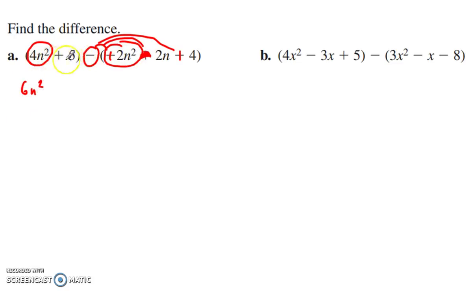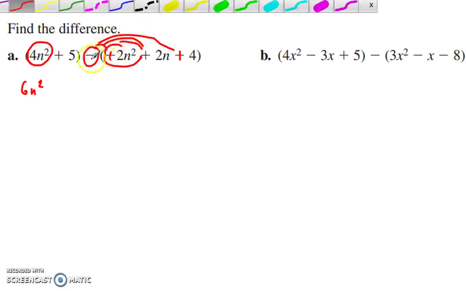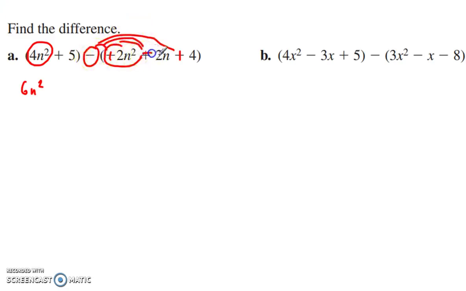Then I don't have an n term over here, so I'm going to take this one, and that one got changed, remember, from the plus to minus, so that's negative 2n, and then 5 plus 4 gives me positive 9. So remember, you've got to change all the signs.